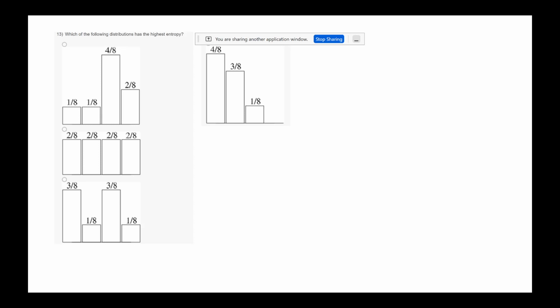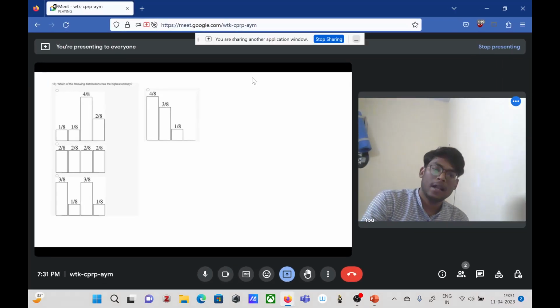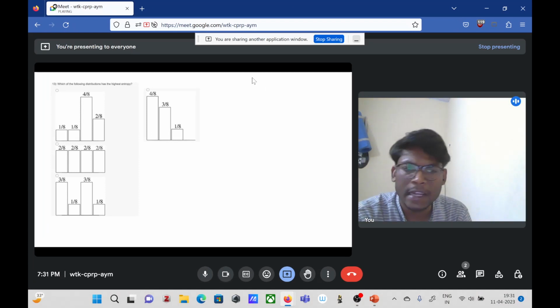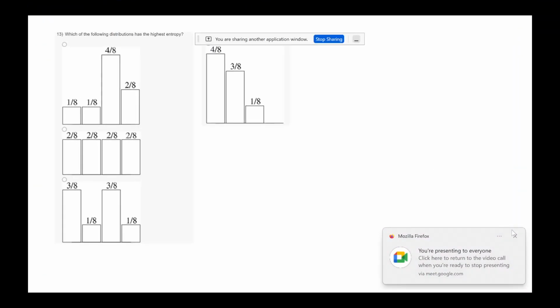We will establish that the system with highest entropy will have equally probable distributions. I have probably established that in the previous assignment session also, but today I will do it for this problem.